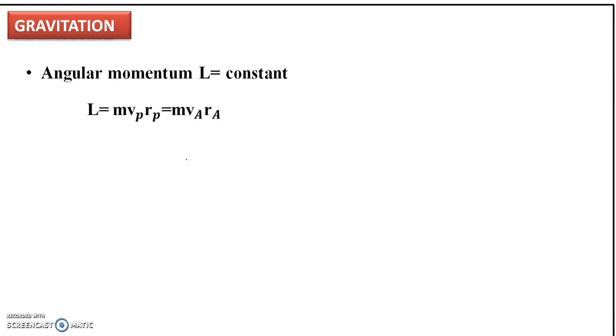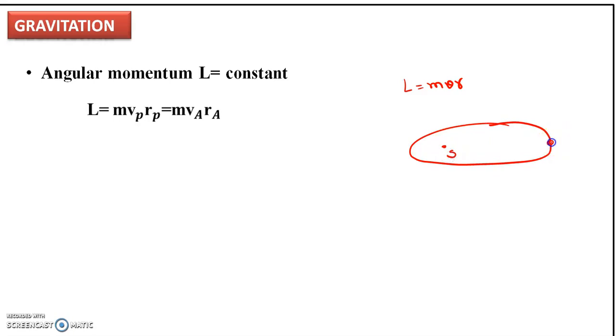Angular momentum L is constant. The formula is L equal to m v r. Consider m v r for the perihelion point and the aphelion point, or any point in the elliptical orbit when the planet moves around the sun.